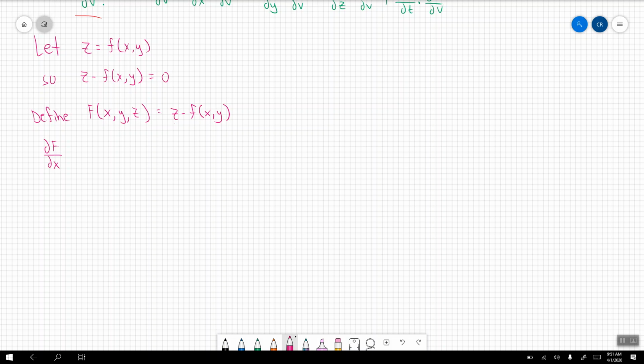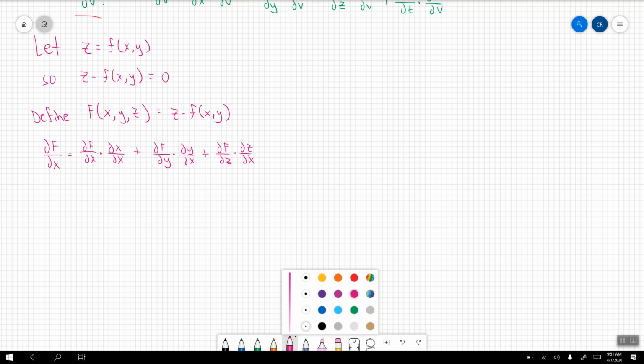That's going to be equal to the partial derivative of the function with respect to x multiplied by the partial derivative of x with respect to x, plus the partial derivative of the function with respect to y multiplied by the partial of y with respect to x, plus the partial derivative of the function with respect to z multiplied by the partial derivative of z with respect to x. Awesome.